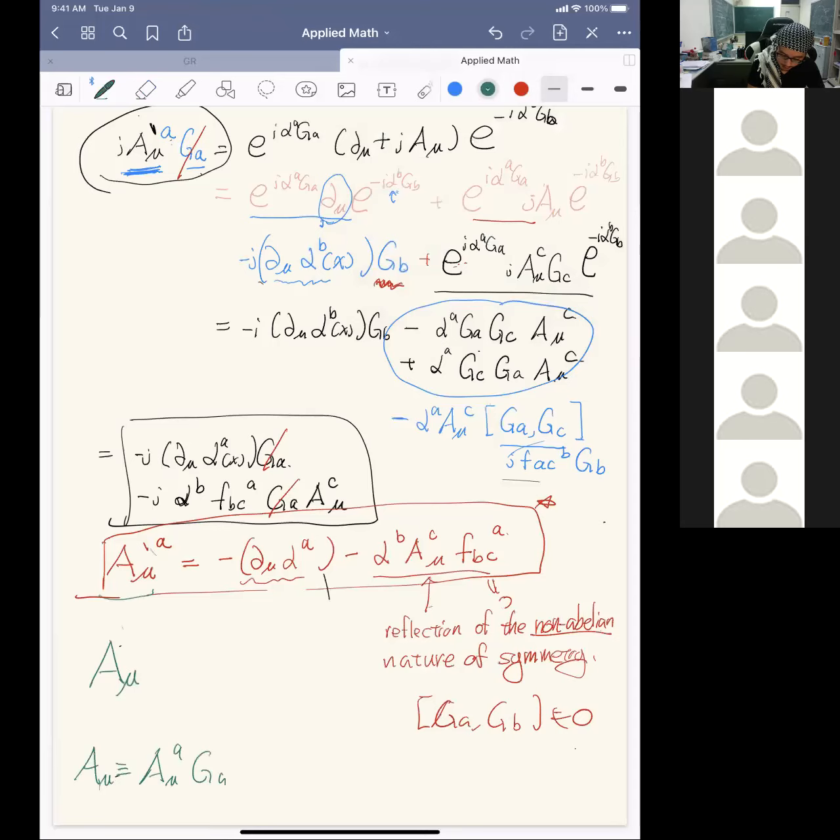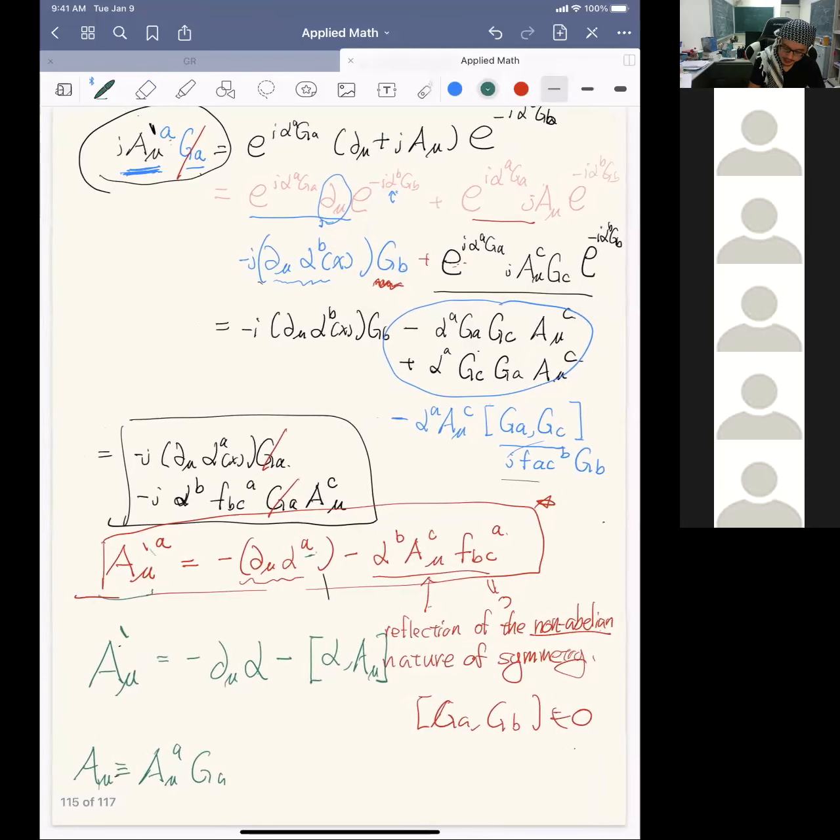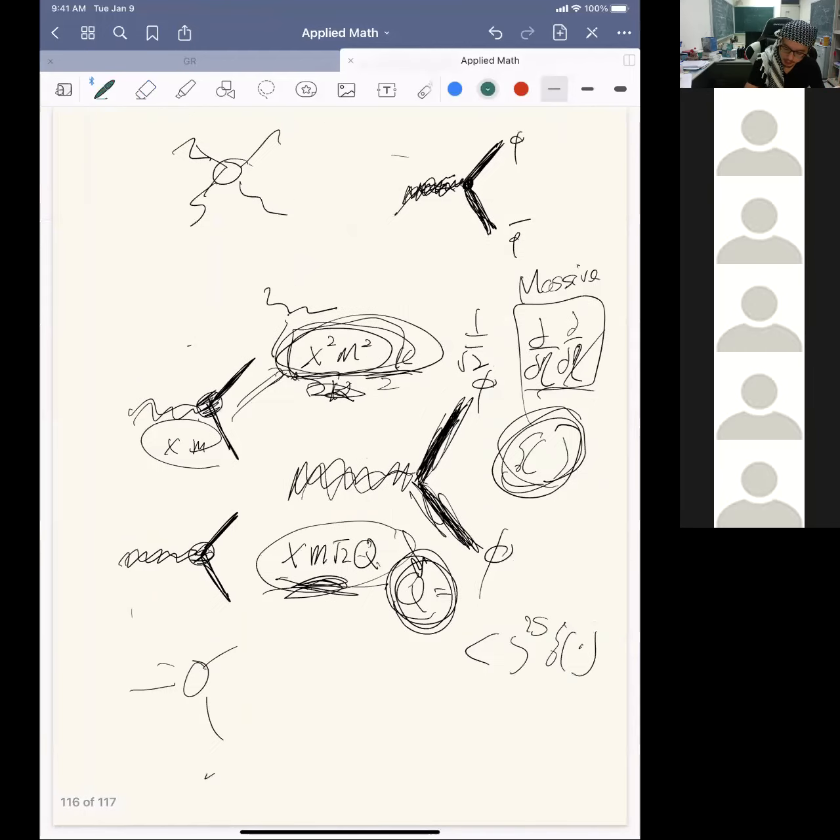So they prefer to write A mu prime as equal to partial mu alpha minus the commutator of alpha and A mu. Now you see that alpha is also contracted with the generator.